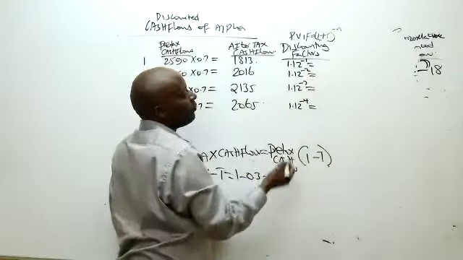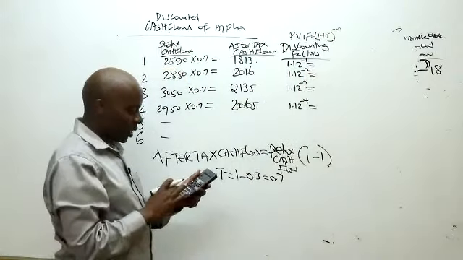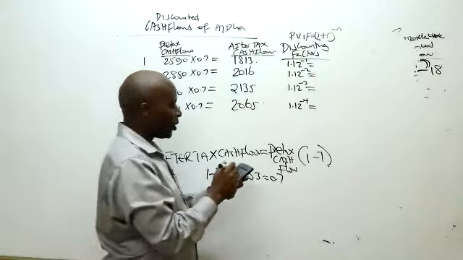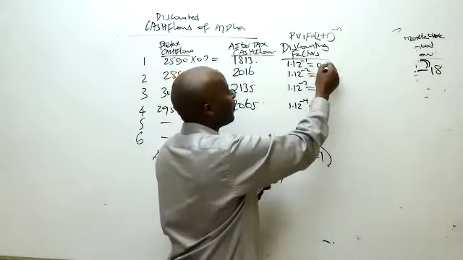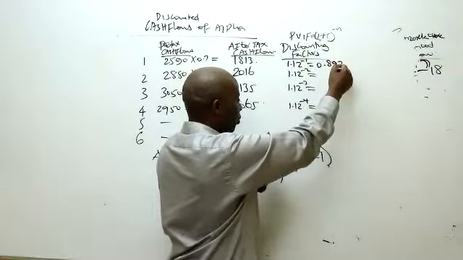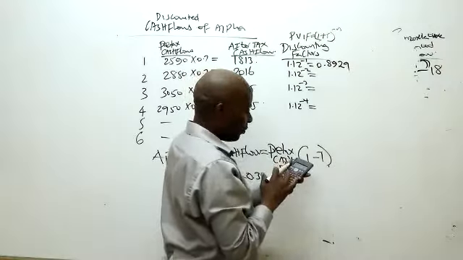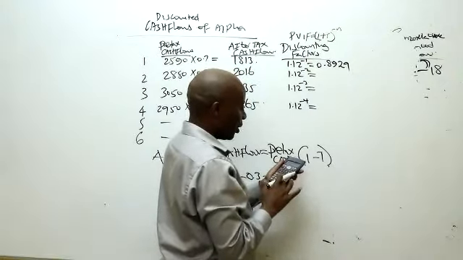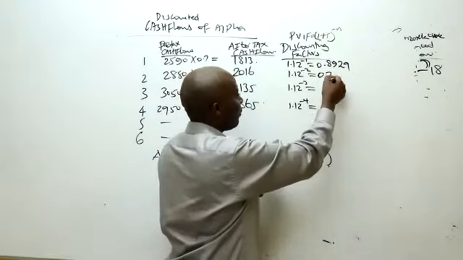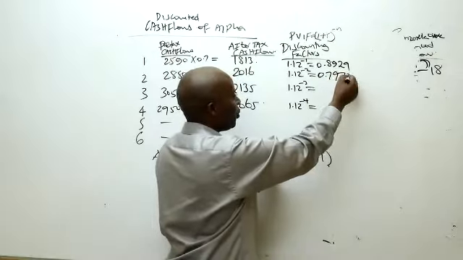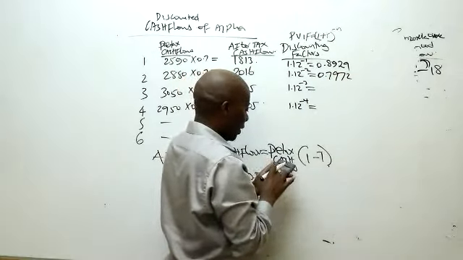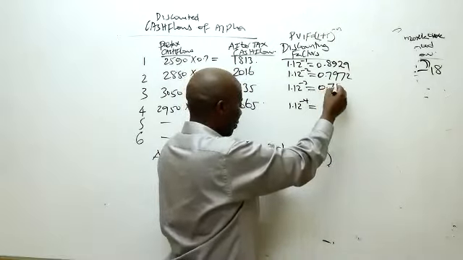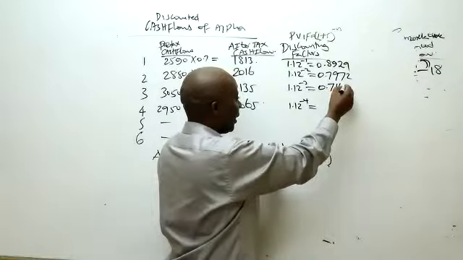Give us figures. 1.12 raised to minus 1 gives us 0.8929. 1.12 raised to negative 2 gives us 0.7972. Raised to 3 gives me 0.7119.